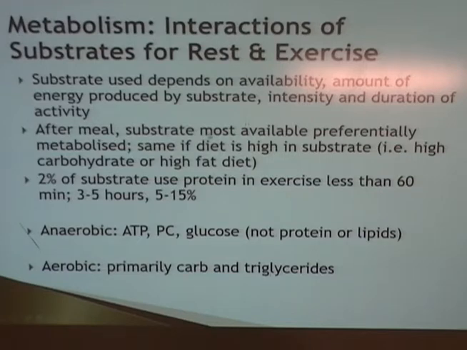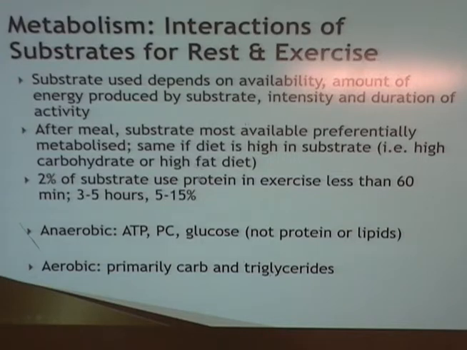The substrate that's most available, so the one that you eat the most of, in an acute scenario, is preferentially going to be metabolized, right? So the same if chronically your diet is high in that substrate. So if you're on a high carb or a high fat or a high protein diet, then that substrate that's high will eventually be used a little more than before, right?